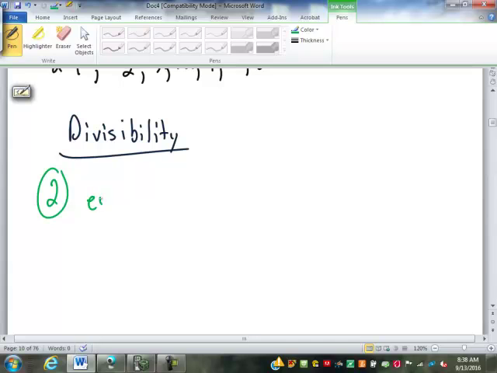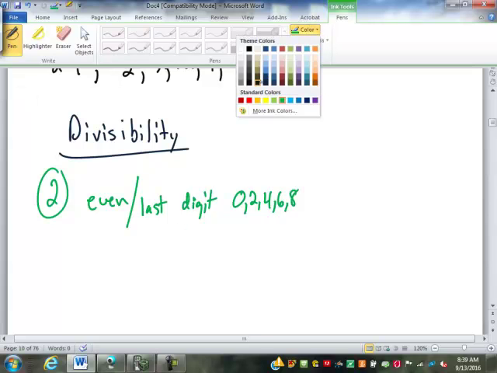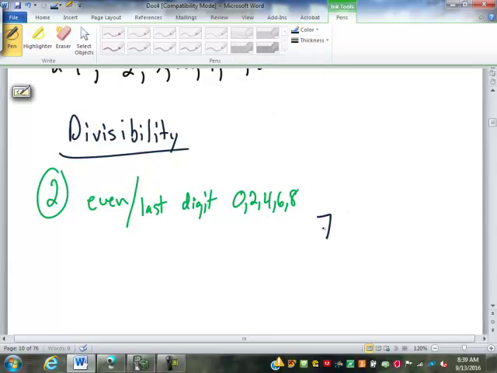It's even. Of course, even means the last digit of the number is a 0, 2, 4, 6, or 8. So if I have 74,568, all I care about is that last digit, the 8.